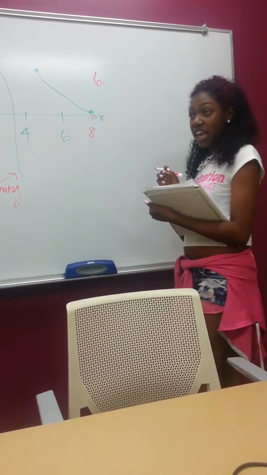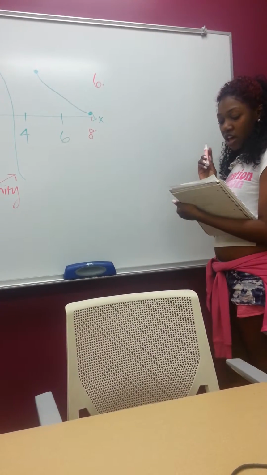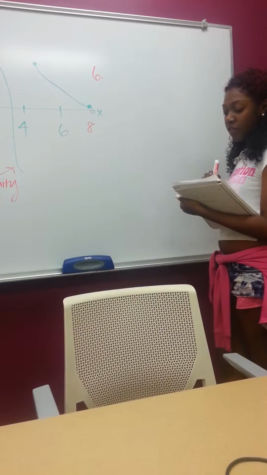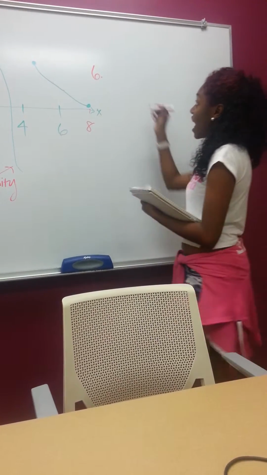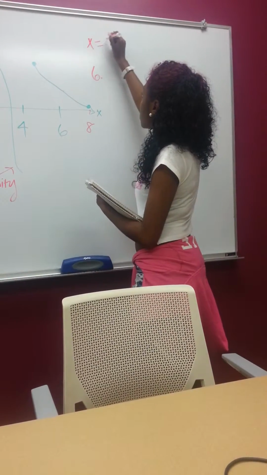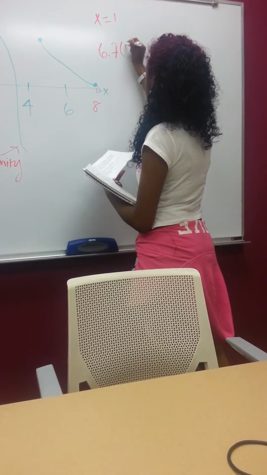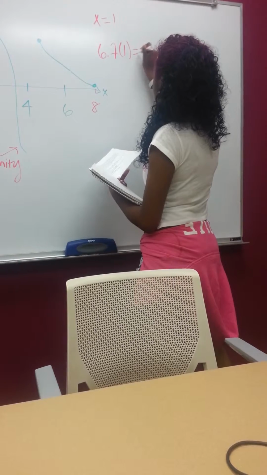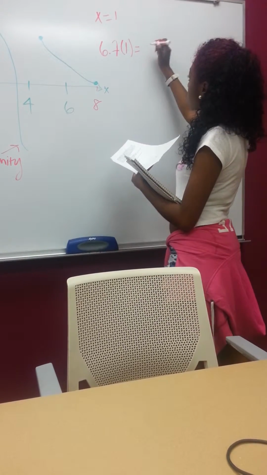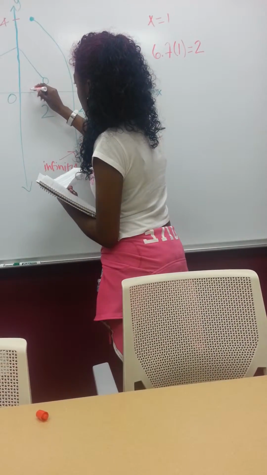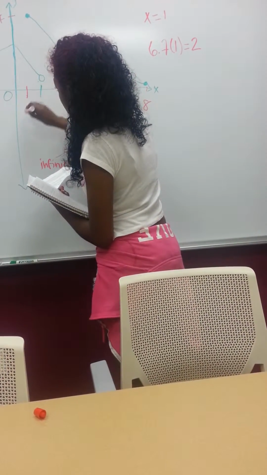So for number 6, it asks us to use the continuity checklist to determine if the function is continuous at x equals 1. So first we have the function f of 1 equals 2, so we're basically looking right here.